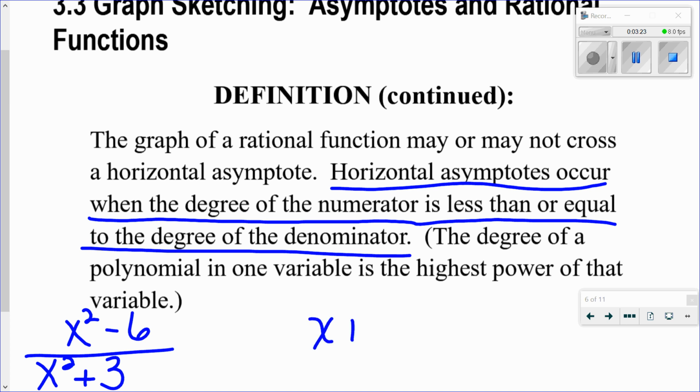Here's another example, x plus 1 over x cubed minus 7x. Okay, the degree in the denominator is bigger, or the degrees are the same. That's when we have horizontal asymptotes.